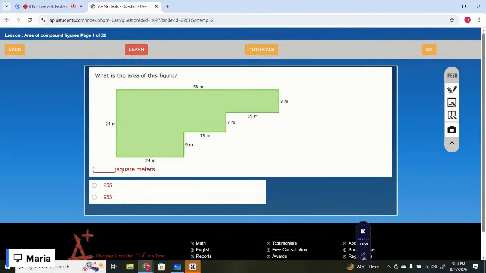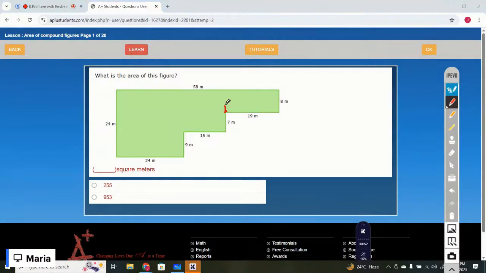Okay, let's just divide the figure into three figures, like this. So start calculating their areas, starting with this one, that is 24, right? So 24 times 24 is 576. Now look at this one. It is 15. So here that is 9. So 24 minus 9 is, I think, 15. Yes.